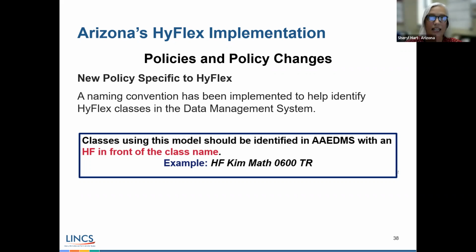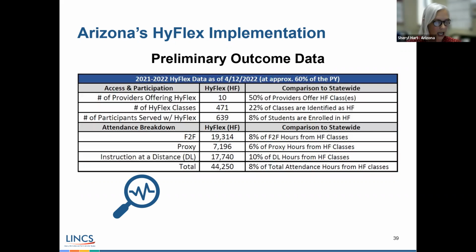And because of that, and you can go to the next slide, we do have some preliminary data on these classes. So what you see on the screen is a screenshot of some data points. I'll just go through each one of them. As I mentioned before, 50% of our providers right now are offering HyFlex classes.